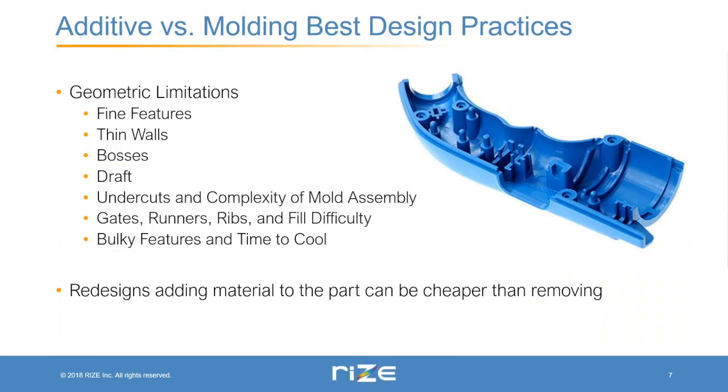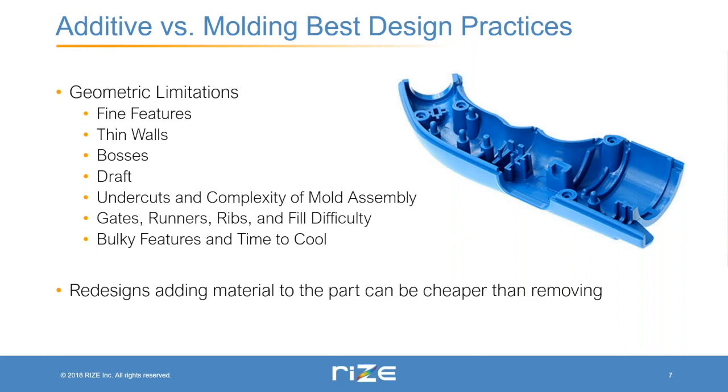So now we'll look at a comparison of additive versus molding, and some of the design practices that are good to consider. In terms of geometric limitations, one of those things is fine features. I mentioned that depending on the technology you can use, you can get very fine features with additive manufacturing. However, there are typically limitations on that, especially depending on the orientation that the features are produced in.